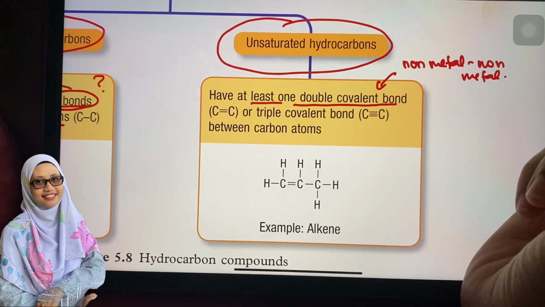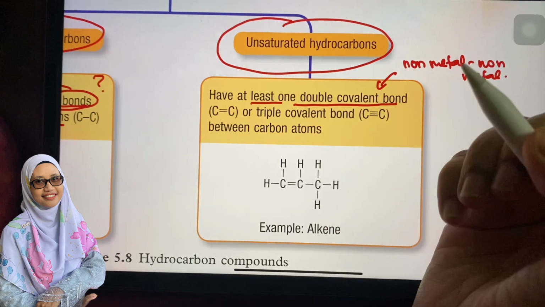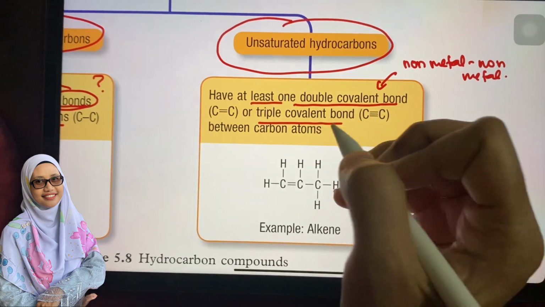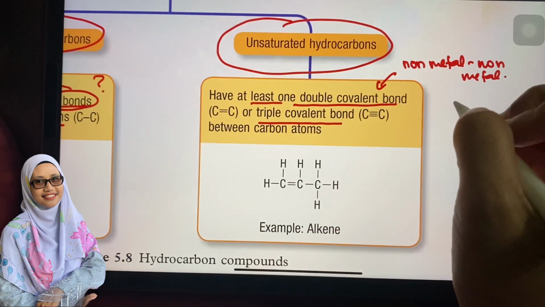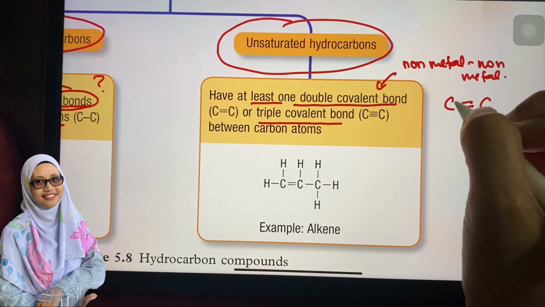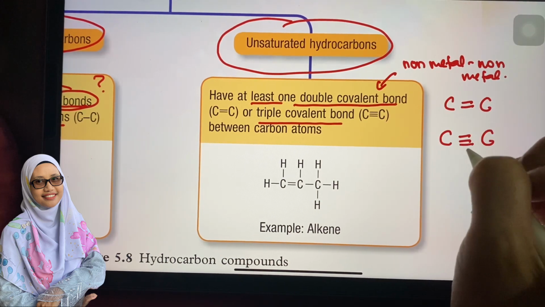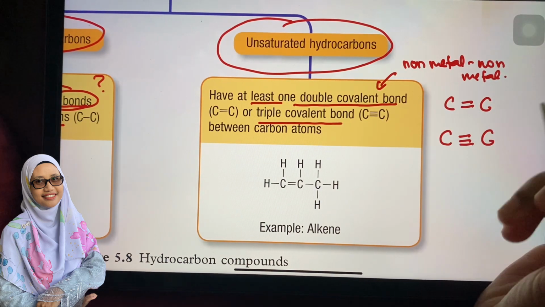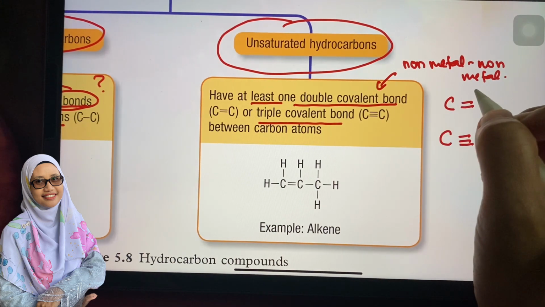So besides at least one double bond, a triple covalent bond is also known as unsaturated hydrocarbon. If we have two lines, it means this is a double covalent bond. But if we have three lines, it means that it is a triple covalent bond. Why covalent bond? Because it is non-metal and non-metal.